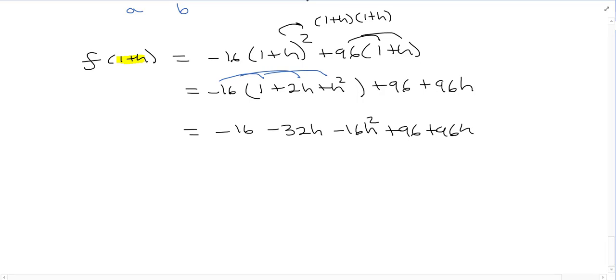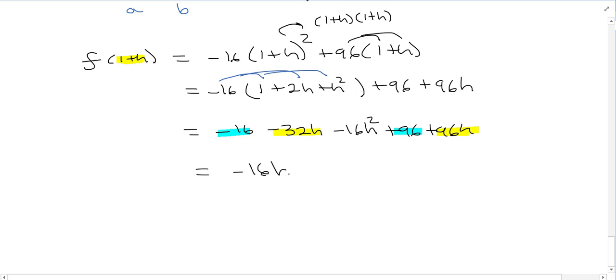And do we have any like terms? Yes, we have the minus 32h and the 96h, and we also have the constant terms minus 16 and 96. So what do we get? Let me write it in descending order.